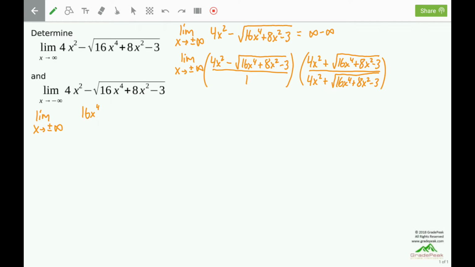And last, a negative square root times a positive square root will be a negative, and then square root squared, which cancel each other out, leaving the entire expression 16x to the fourth plus 8x squared minus 3, but we have to subtract that entire quantity, so it's in parentheses with a minus sitting in front of it. All this divided by, in the denominator, 1 times the conjugate will be just the conjugate.